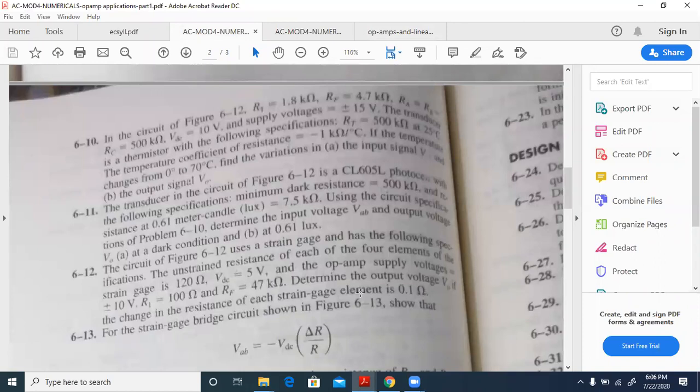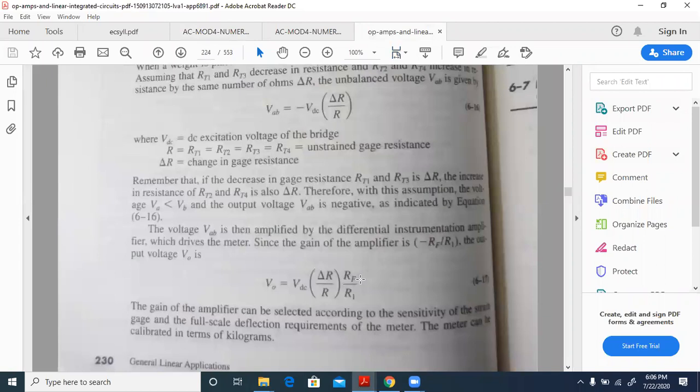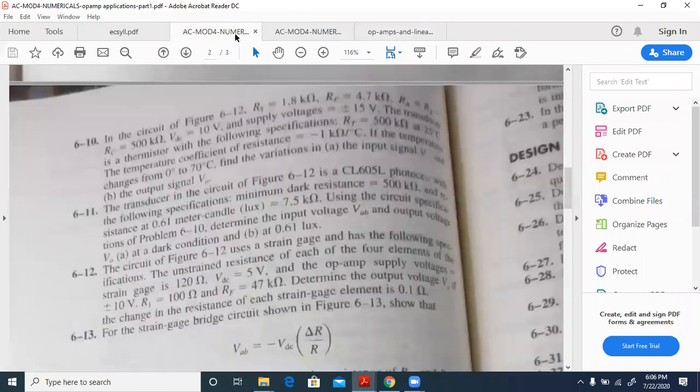So 0.1 ohms and 120 ohms is the value of del R and R. RF by R1: RF is 47 kilo ohm and R1 is 100 ohms. So try to put proper units. So 47 into 10 to the power of 3 divided by 100, and this value will be 0.1 divided by 120, then multiplied by 10.